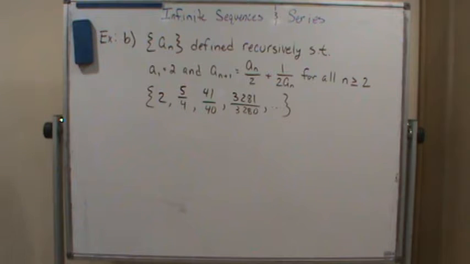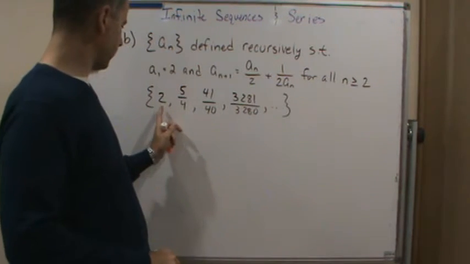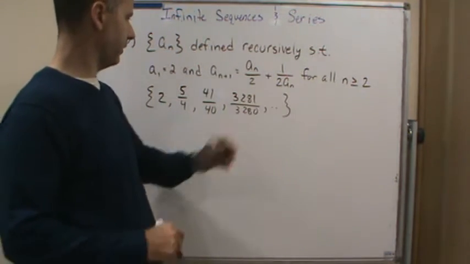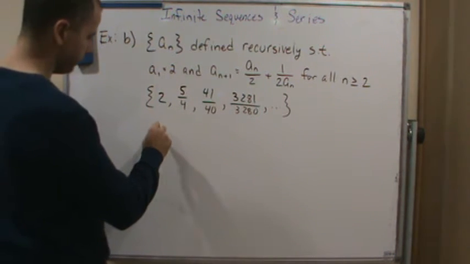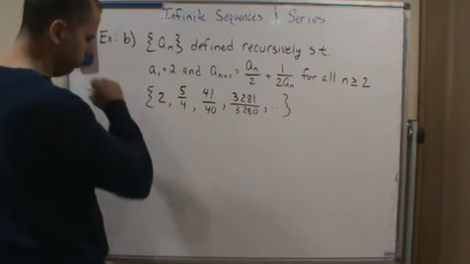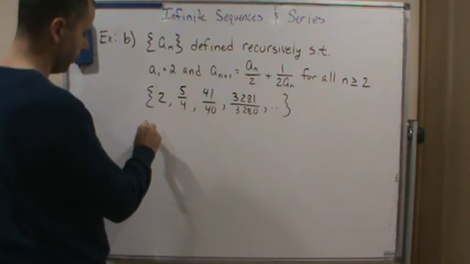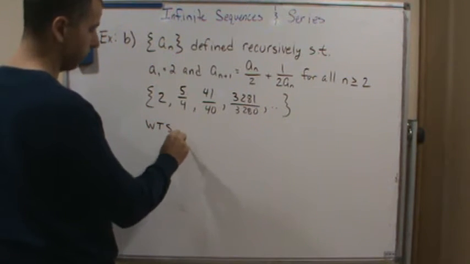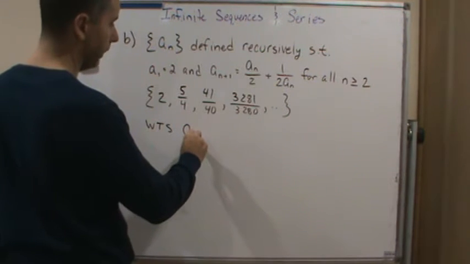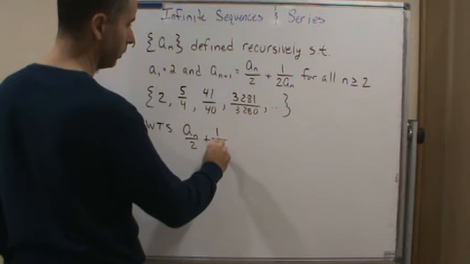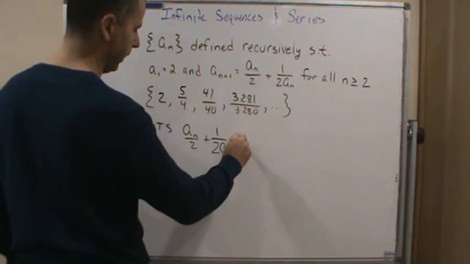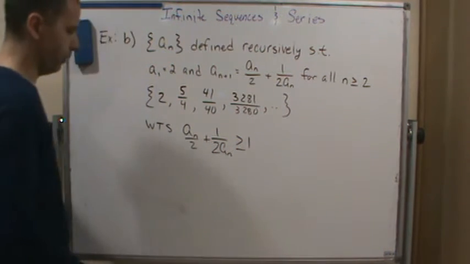Okay, so without the 2, let's start with this. So we want to show that a sub n over 2 plus 1 over 2 times a sub n is greater than or equal to 1. That's what we want to show.